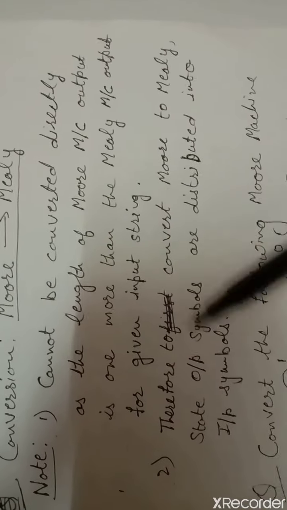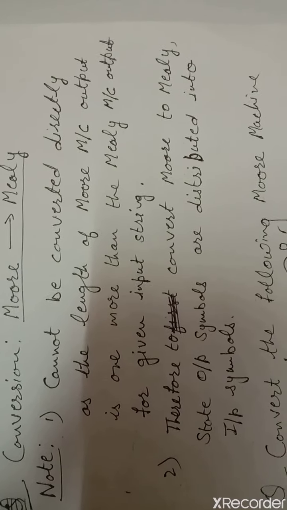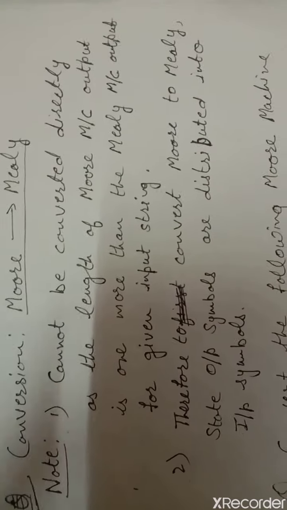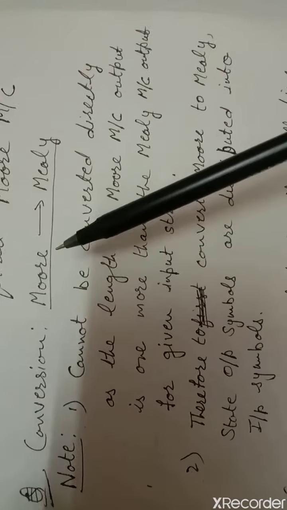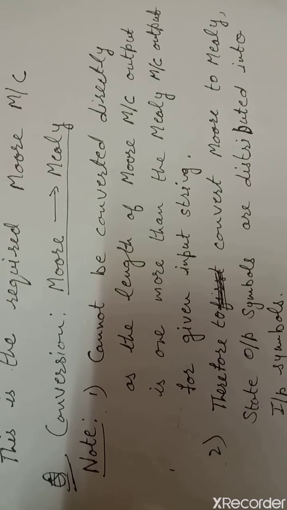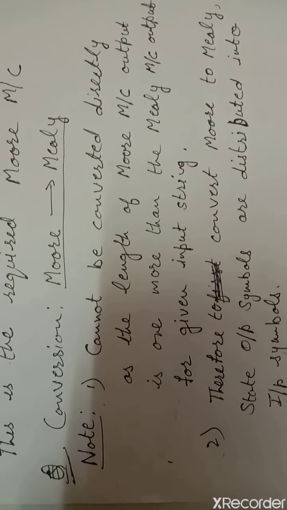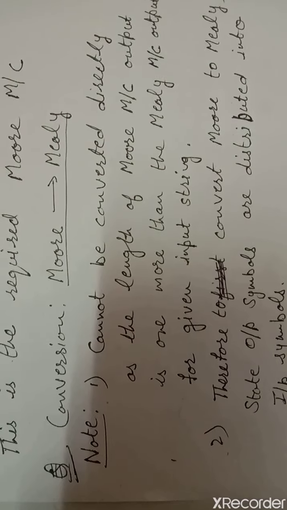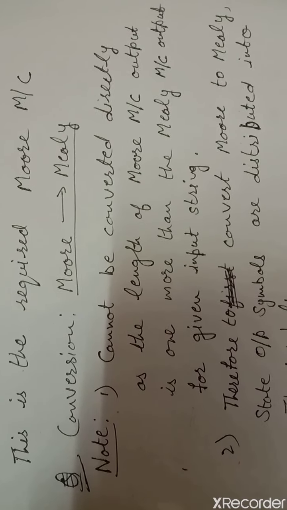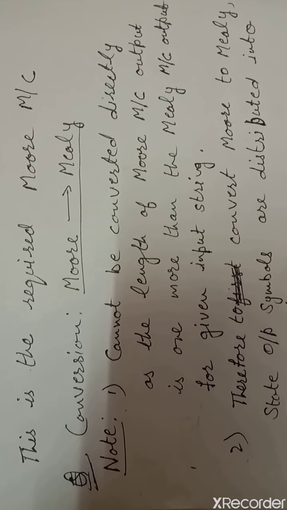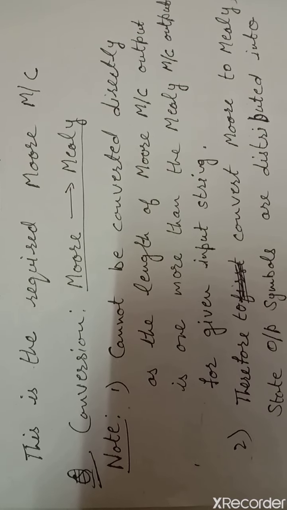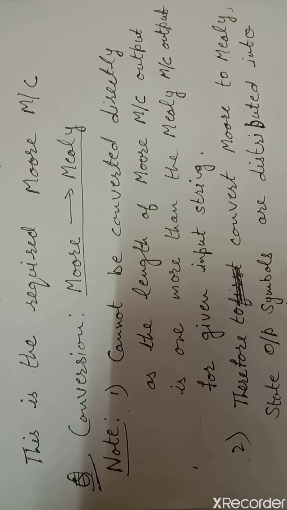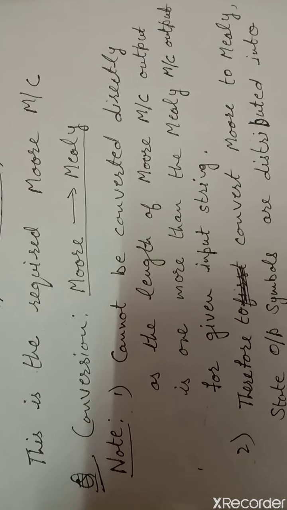If you remember in the previous lecture, when we started Moore machine and Mealy machine, I told you that if the given input string is of length 4, then the Mealy machine gives the corresponding output string of length 4, but the Moore machine gives the output string of length 5, 1 more.